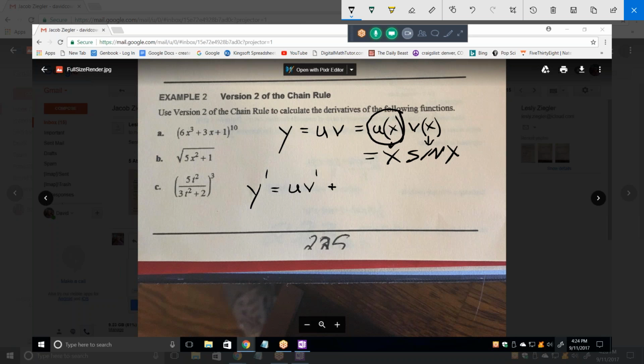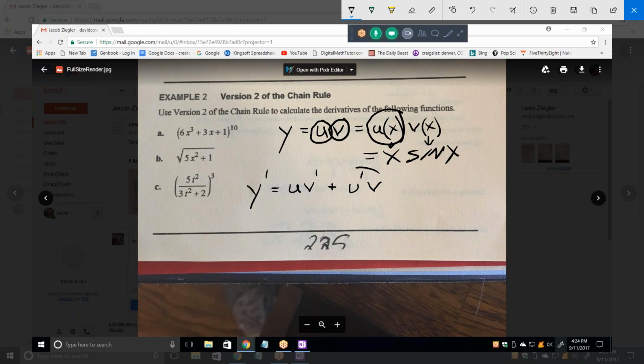When I say reverse, this is what I mean: U prime times V. In other words, when you do the product rule, you take one function times the derivative of the other plus the derivative of the first function times the other function.